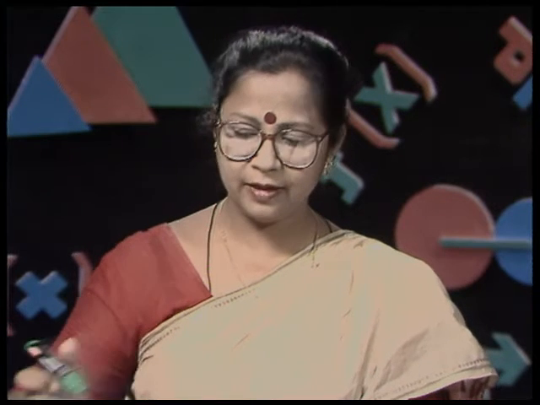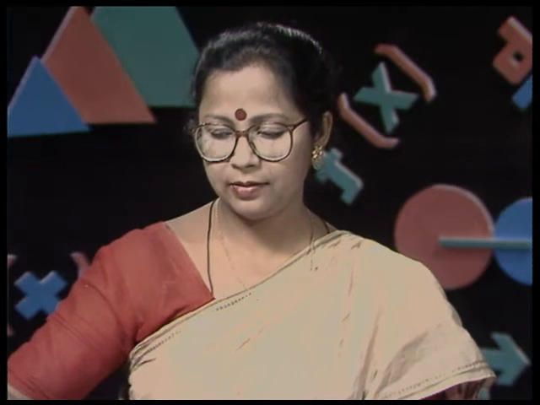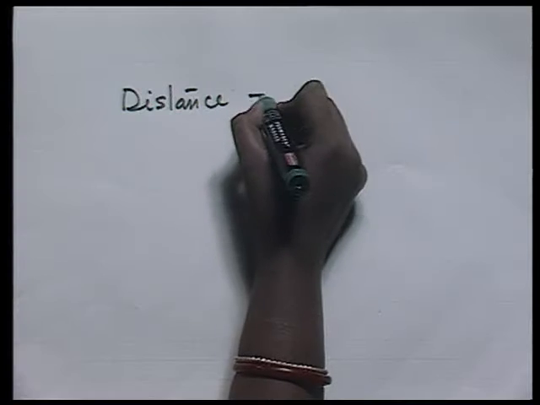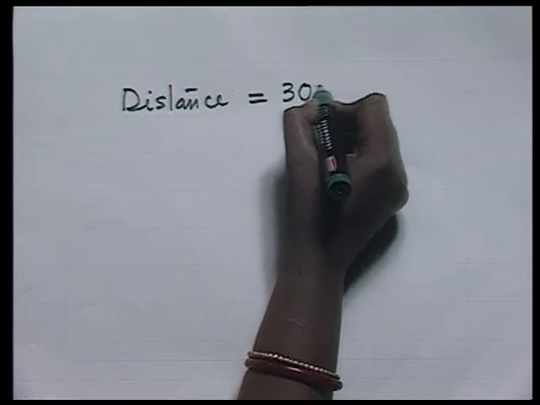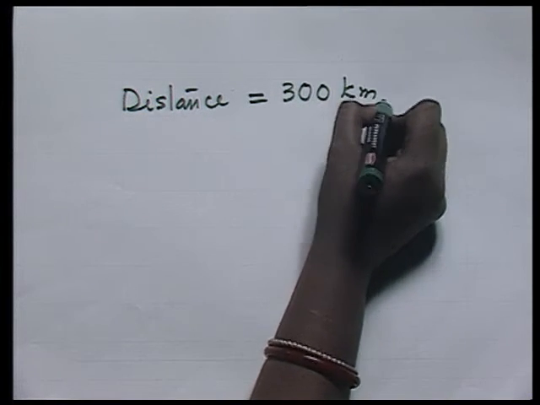Now, let us suppose that we have to solve this problem. For that, we again have to see what we are given in this question and what we have to find. The first thing we are given in this question is the distance covered by the train, that is equal to 300 kilometers.